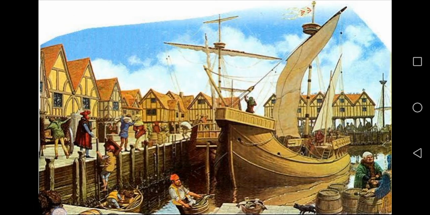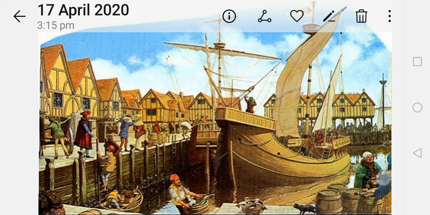Further, you can see the type of the ship. In the olden time, the ship was being made like this, and it was sailed according to the direction of the wind. But now the things have changed. Technology is totally well developed, new technology, so things have changed. Now, very modernized ships we are watching at present.